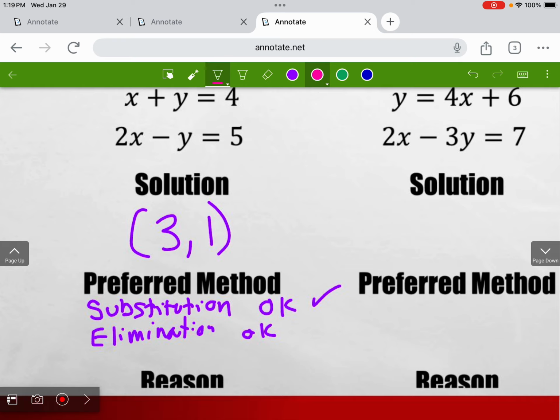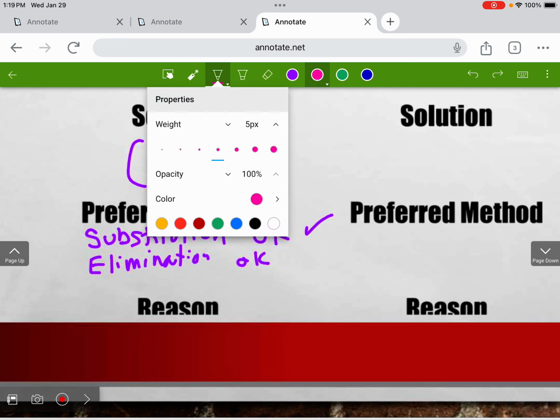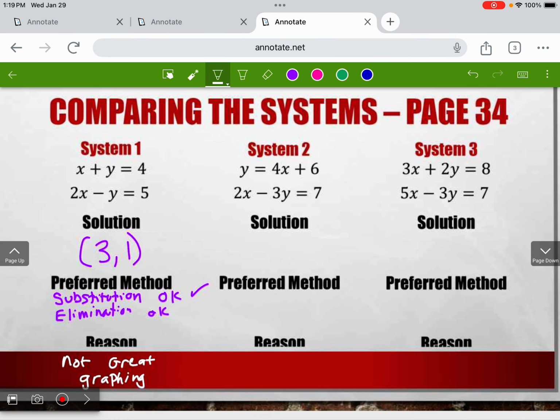Doable, but not great. Probably the hardest way to go on this one is the graphing one. But no matter what we do, this one's not terrible because we don't have a ton of coefficients, a ton of numbers in front.